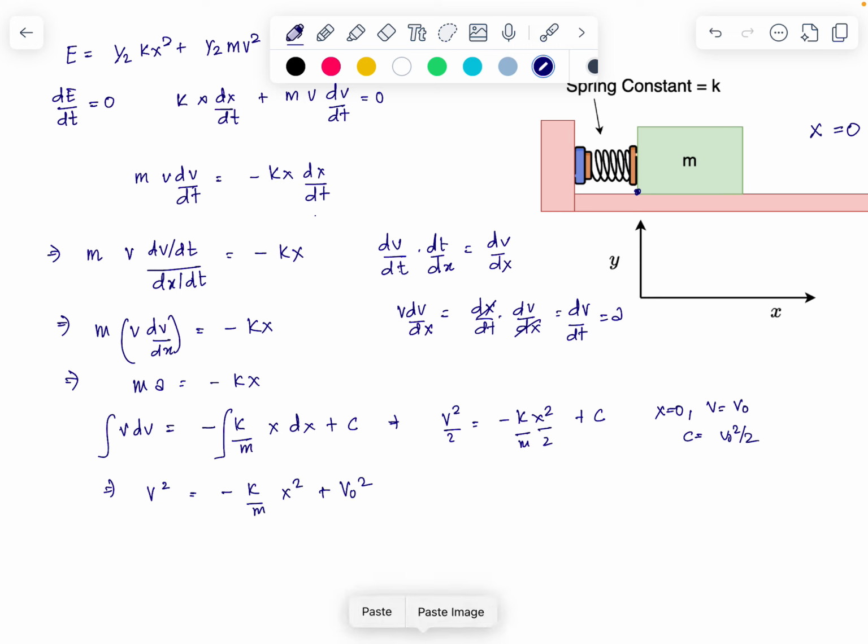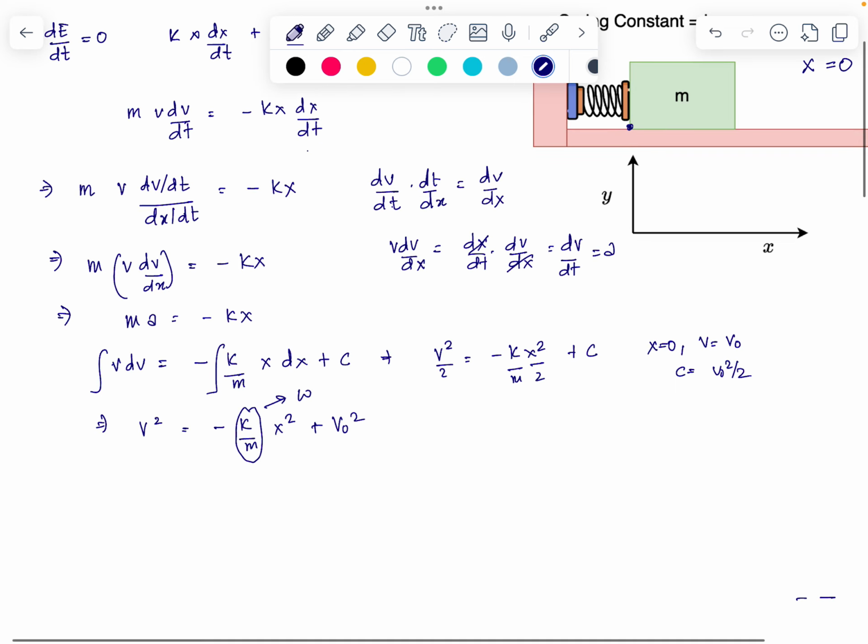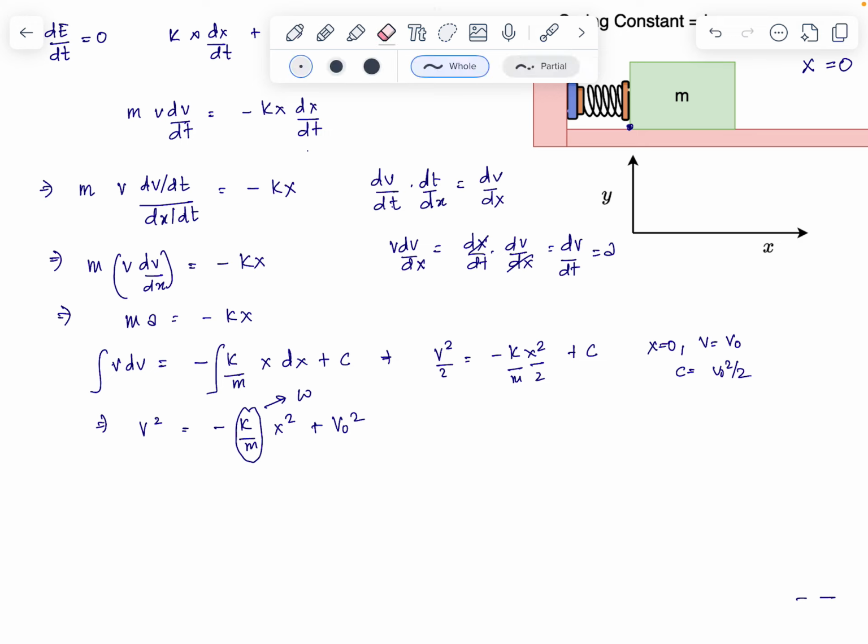Let's call k over m omega square, and we will see why in a bit. To simplify a little more, let's take the square root on the right, and we know that v is nothing but dx/dt.